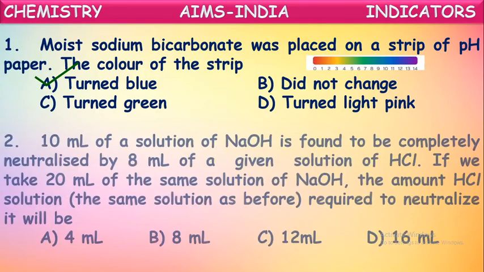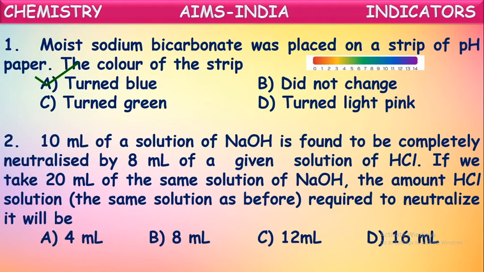Okay, next one. 10 ml of a solution of sodium hydroxide is found to be completely neutralized by 8 ml of a given solution of hydrochloric acid. If we take 20 ml of the same solution of sodium hydroxide, then the amount of hydrochloric acid solution required to neutralize it will be?